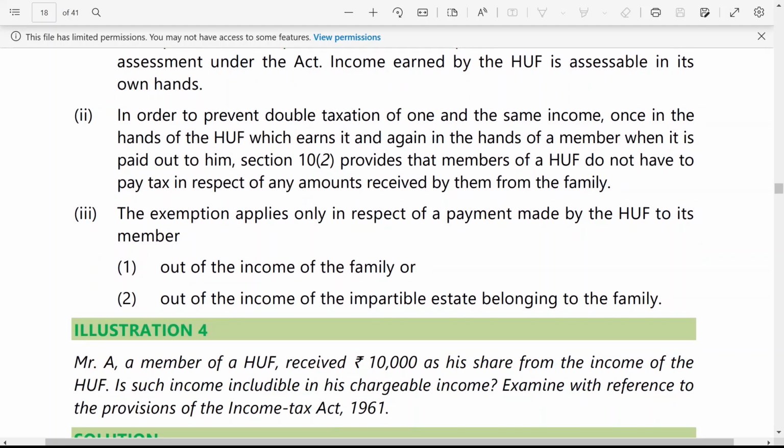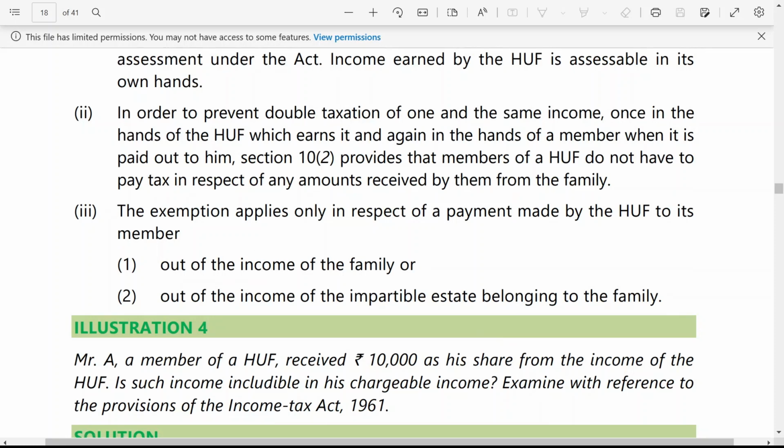Now Mr. A, a member of a HUF, received rupees 10,000 as his share from the income of the HUF. Mr. A is a member of the HUF family. He is receiving 10,000 as his share from the HUF family. Now the question is whether it is chargeable in the hands of Mr. A. Answer is examined with reference to the provisions of the Income Tax Act 1961.